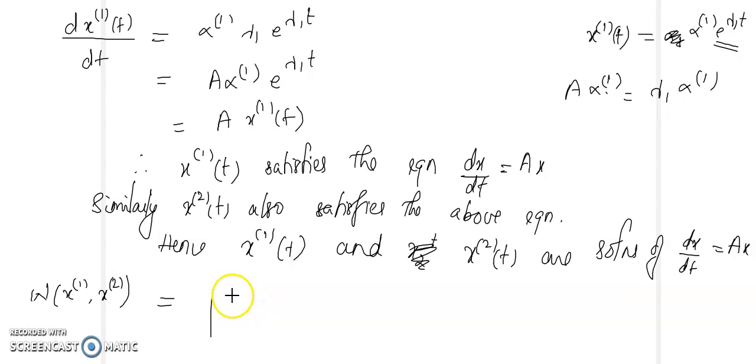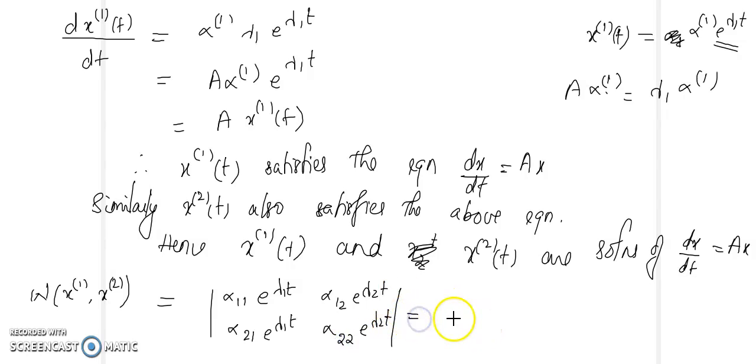So you will get alpha 1 e raised to lambda 1 t, then alpha 2 e raised to lambda 1 t, and alpha 1 e raised to lambda 2 t, then alpha 2 e raised to lambda 2 t. So we can take lambda 1 and lambda 2 outside: e raised to (lambda 1 plus lambda 2) t into the determinant, which will be alpha 1 alpha 1 alpha 2 alpha 2.